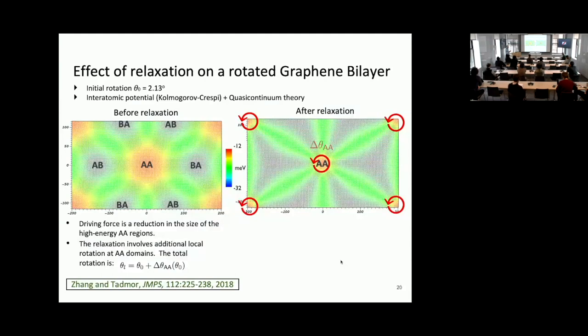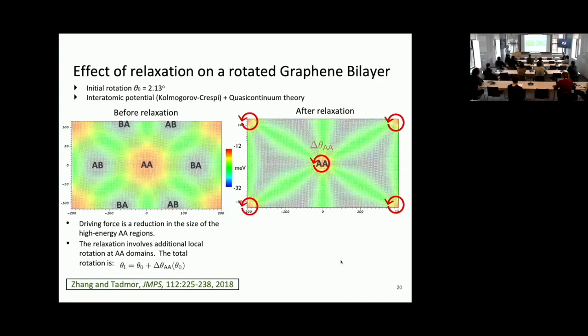So this is a structure of the system before allowing for atomic relaxation. This is what happens after you allow for atomic relaxation. Atomic relaxation here, in this particular study from the group of Elad Tadmor, is taken into consideration by using an interatomic potential, an effective interaction between the atoms that tells you the energy of different atomic configurations.